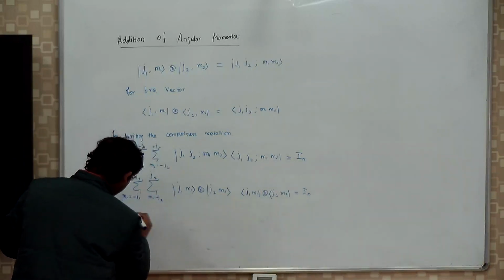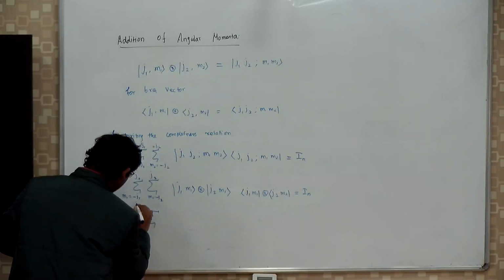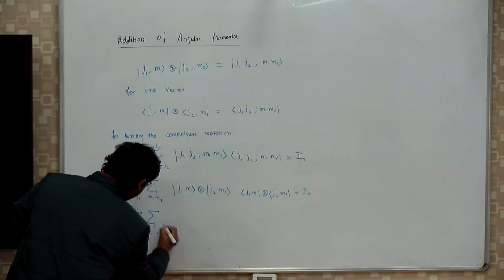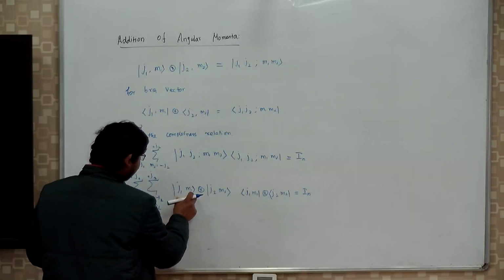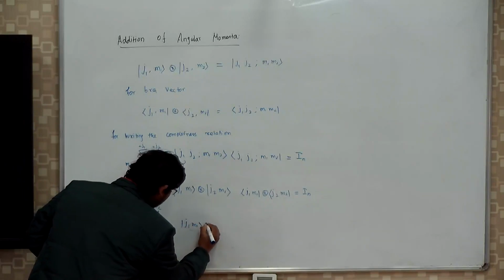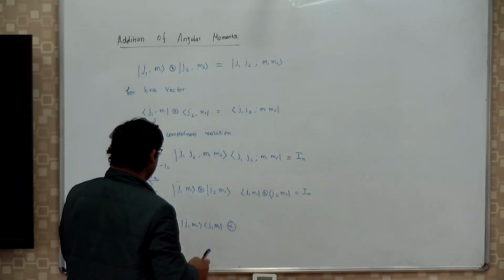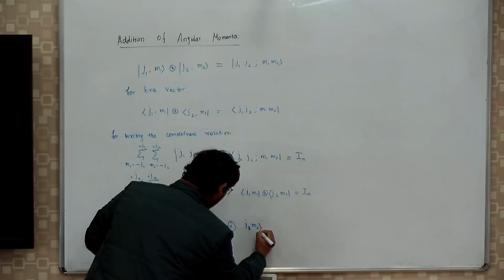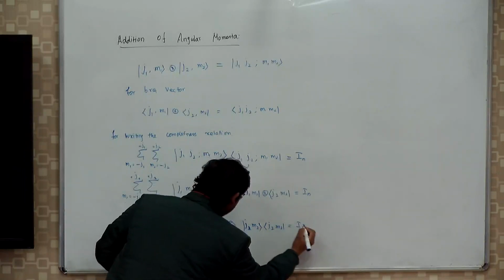This same expression can be rewritten, and here we can combine system 1 with the outer product |J1 M1⟩⟨J1 M1| and system 2 with |J2 M2⟩⟨J2 M2|, which is nothing but IN.